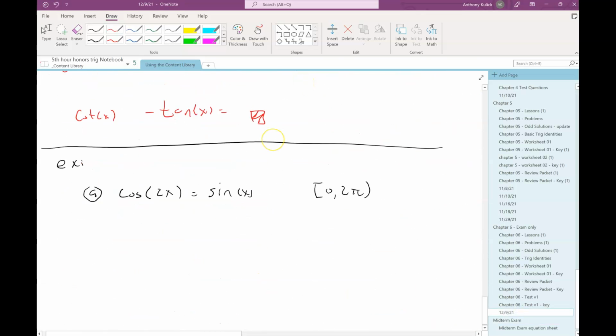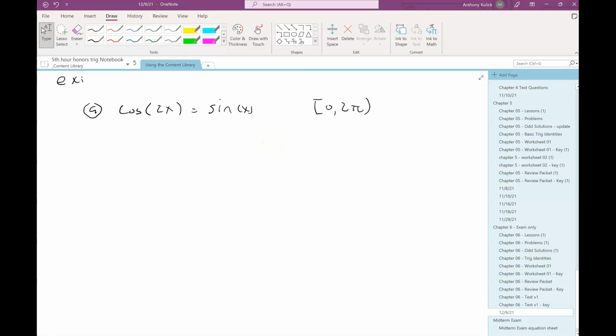The other trig identity in my problem has sine x's in it, so that's why I want to use the one that also has sine x's in it. So I have just one type of trig function now. That makes life typically much easier.